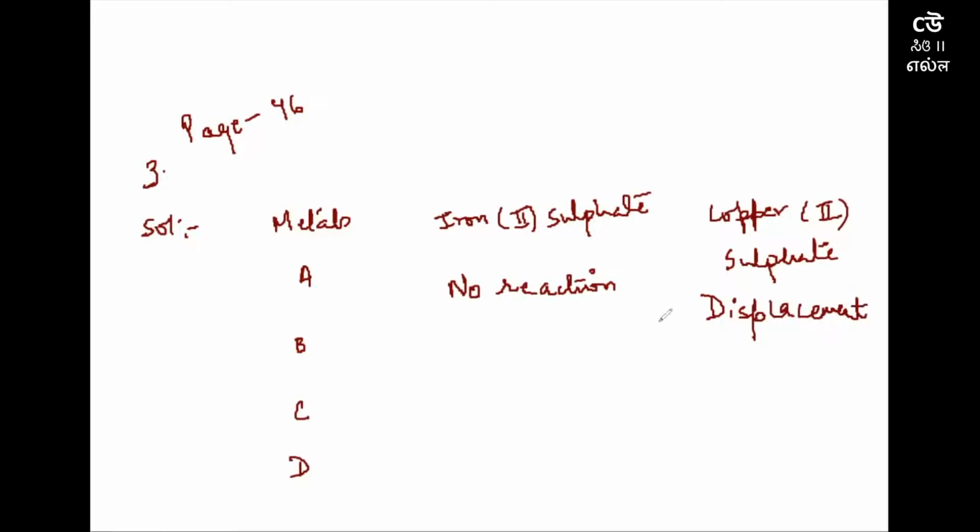With the second metal, no reaction with copper 2 sulfate, but there will be a displacement reaction with iron 2 sulfate. Then, in case of the third metal, there will be no reaction, and the same goes with the fourth metal. That is, here also there is not going to be any type of reaction when metal D reacts or combines with iron 2 sulfate or copper 2 sulfate.